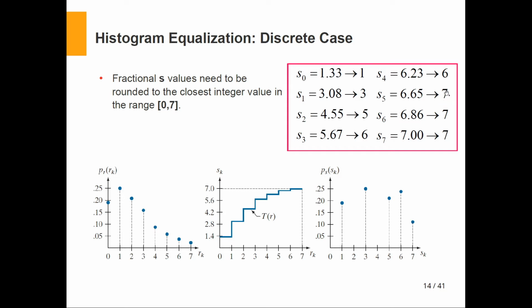And the same is true for intensity values that are mapped to 7 too. But the point here is that even though this might not be perfectly uniform, in comparison to the initial one, it is more uniform. So it is much closer to a uniform distribution.